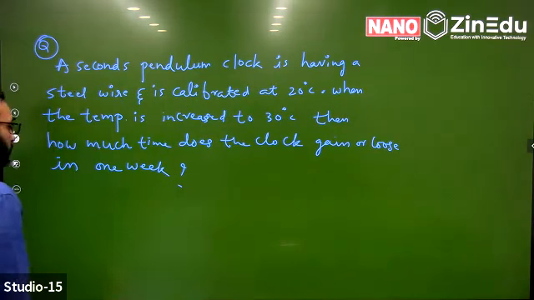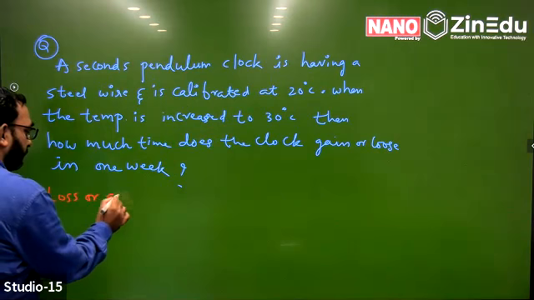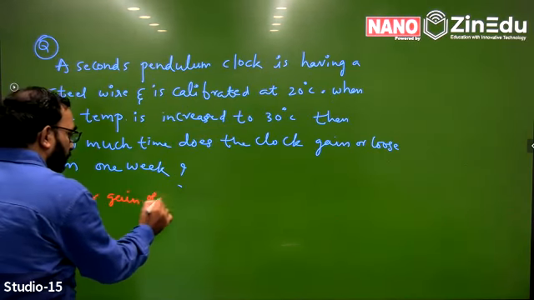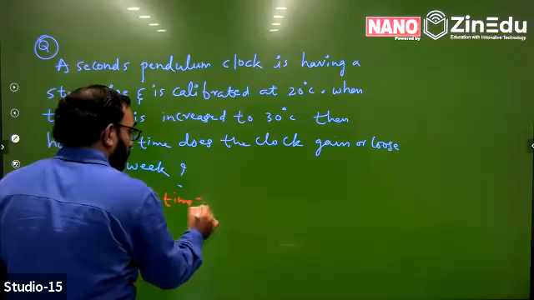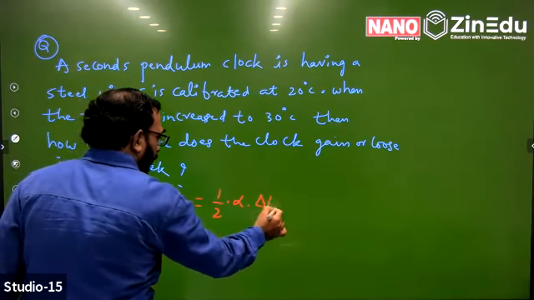So, loss or gain of time equals half into alpha into temperature change.